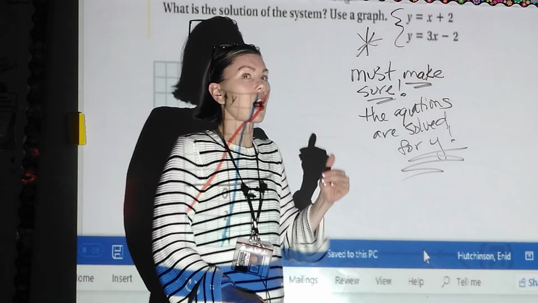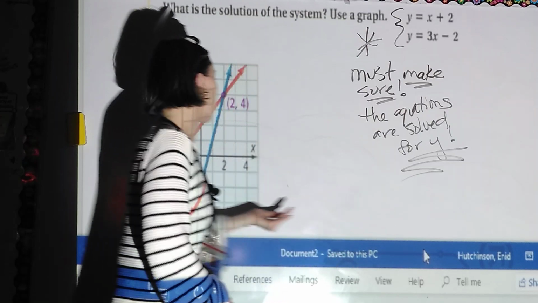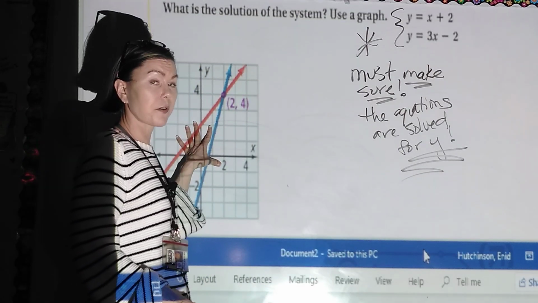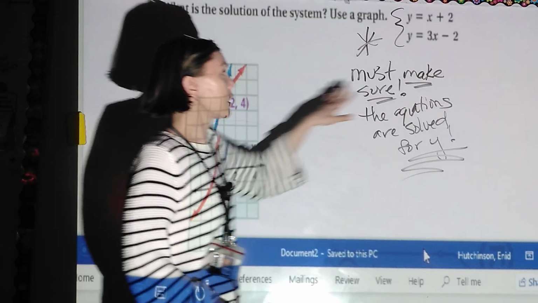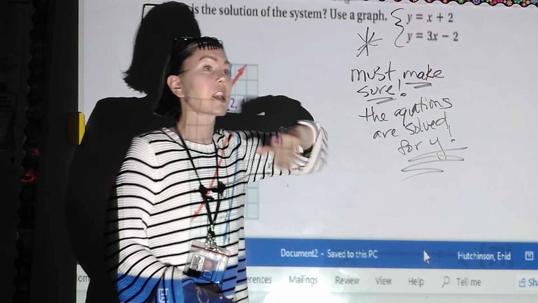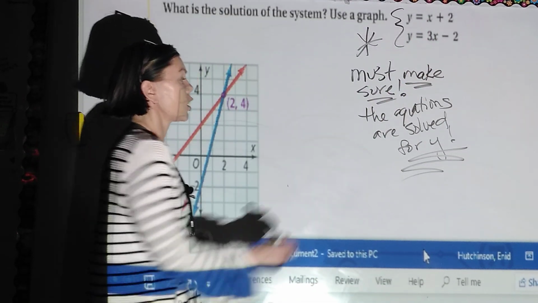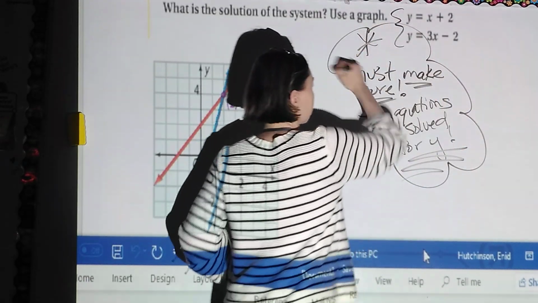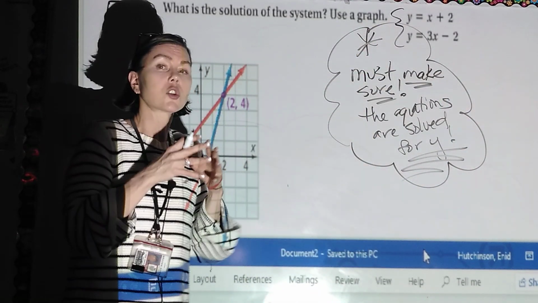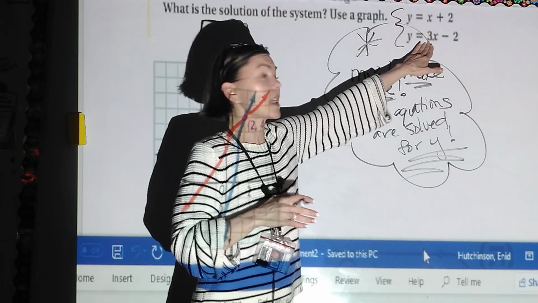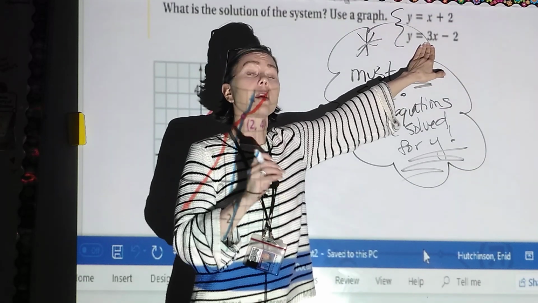You'll have to solve for y first, either to identify the lines on the graph or so that you can do the graphing. So huge importance here, folks: we have to make sure that both equations in the system are solved for y first.